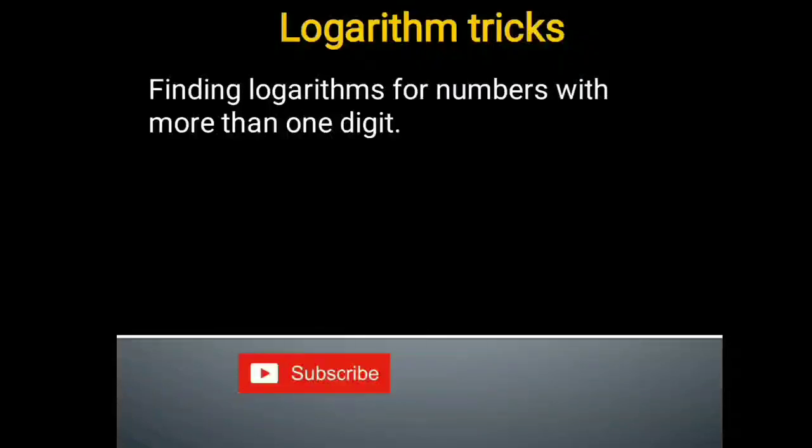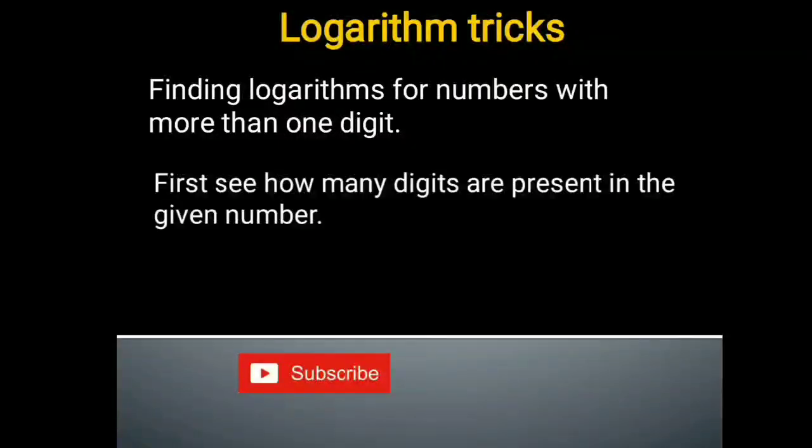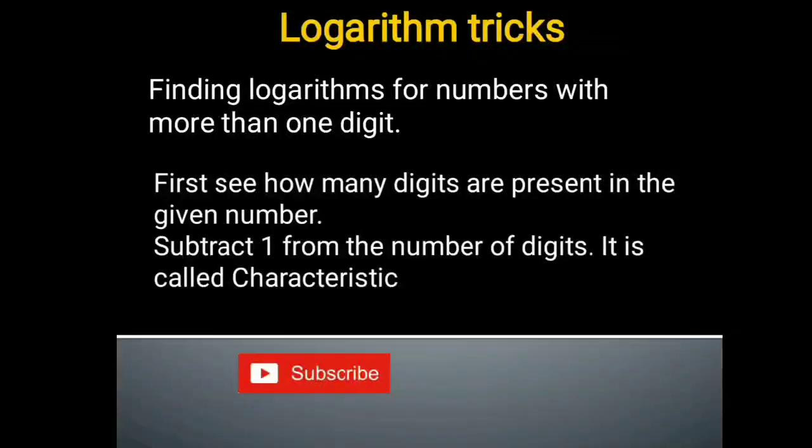Let us see how to find log values of numbers with more than one digit. First of all, we need to see how many digits are present in the given number, and we need to subtract 1 from the number of digits. After subtracting 1 from the number of digits in the given number, the value you get is called the characteristic.